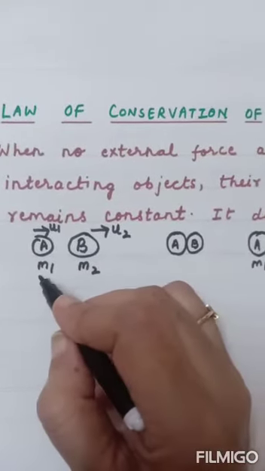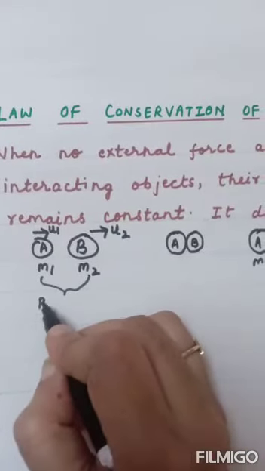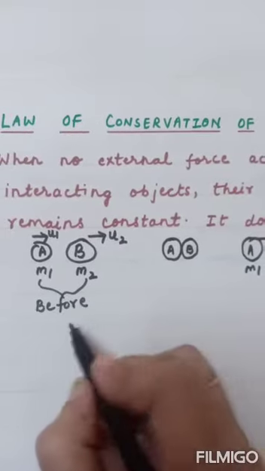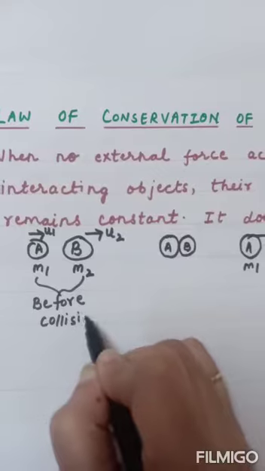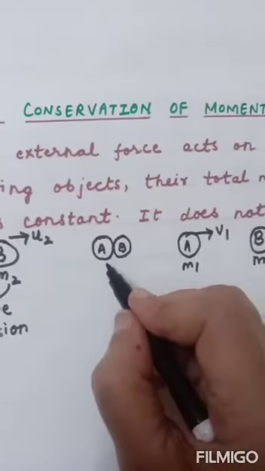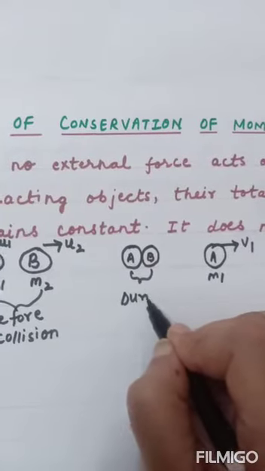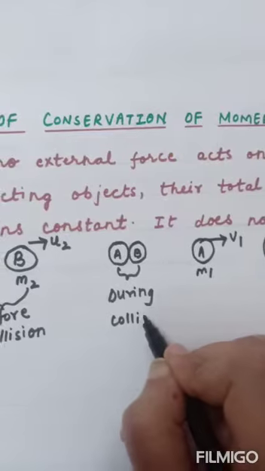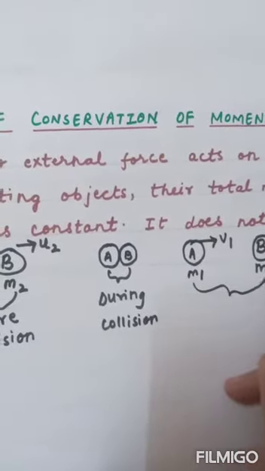We will write here. This is the condition before collision. This was during collision. And this is the condition after collision.